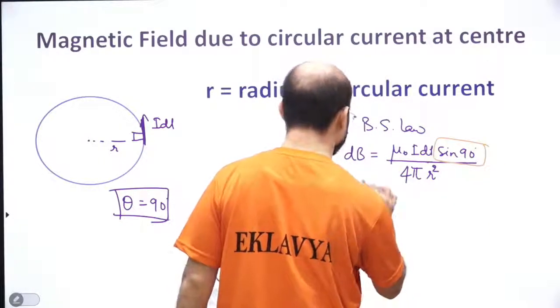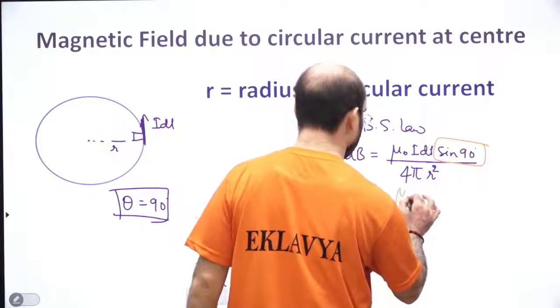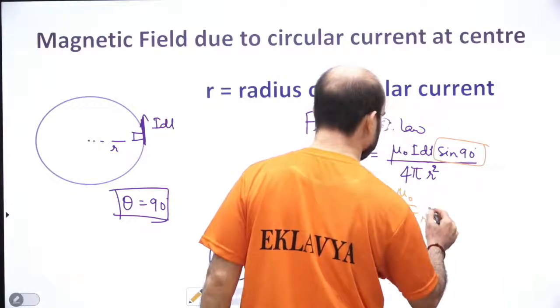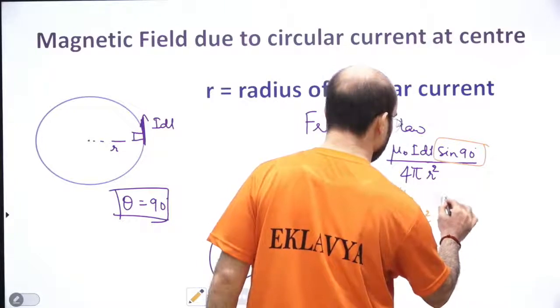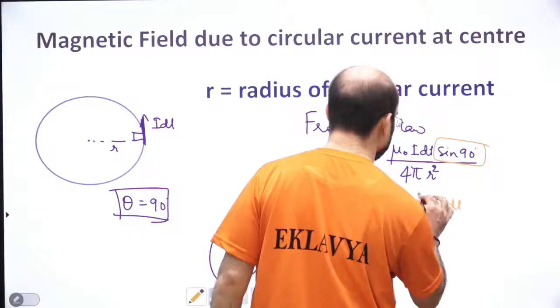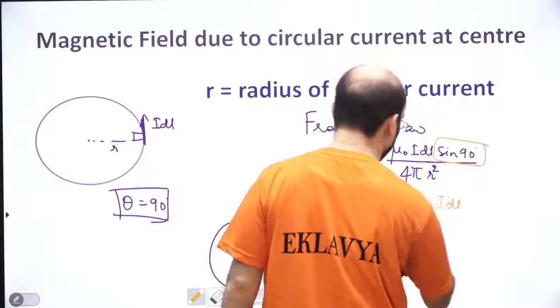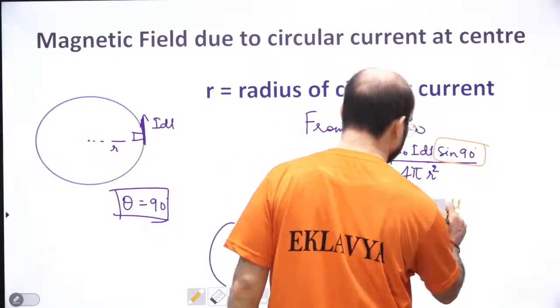So finally dB equals mu naught by 4 pi r square into I dl, or simply we can say mu naught I upon 4 pi r square into dl, right?